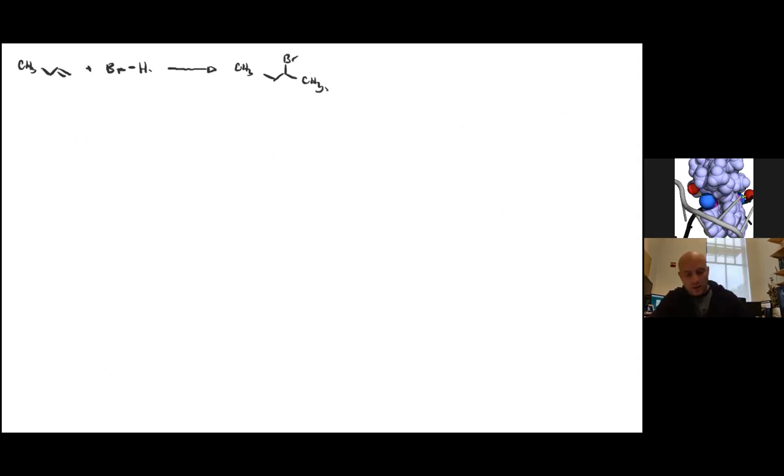But in reality, this is a stereocenter. And so we need to completely describe this reaction. We need to actually describe the configuration at that stereocenter. And so the more complete answer is that you get a one-to-one mixture of enantiomers.